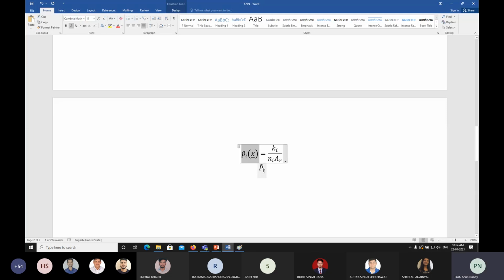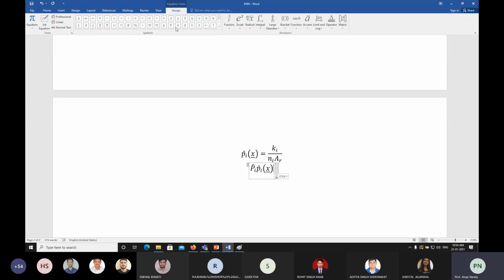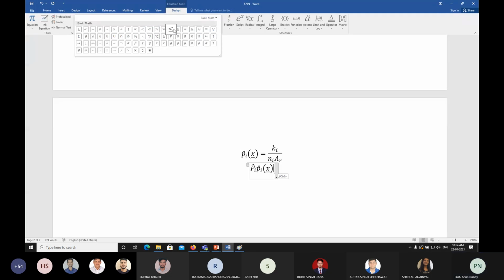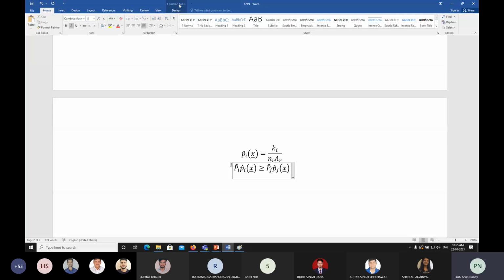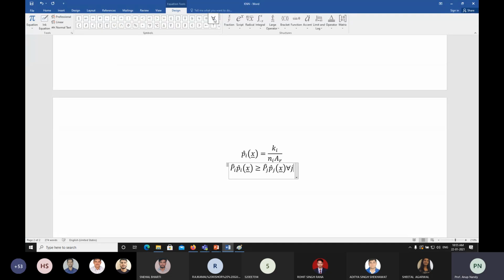Now we are applying the Bayes decision rule. Capital Pi, small pi x is greater than or equal to capital Pj, small pj for all j not equal to i.